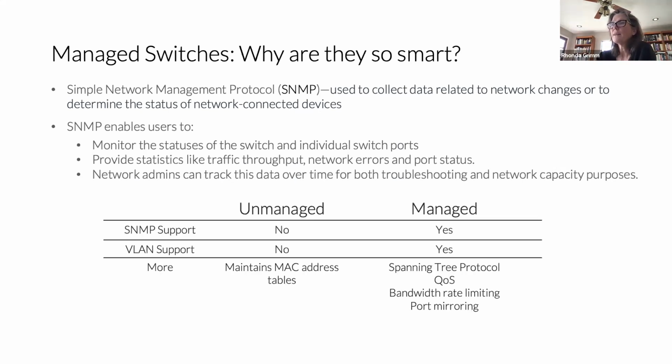So as you can see here, an unmanaged switch doesn't have any SNMP support, usually doesn't have any VLAN support, and basically maintains your MAC addresses, like, okay, these are the MAC addresses I have. But a managed switch has SNMP support, supports VLANs and all these other things that we'll get into in another course, but that gives you a sense of switches.